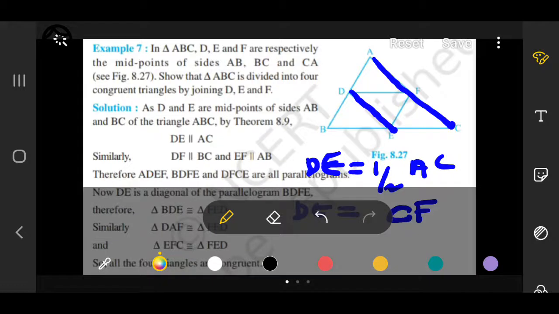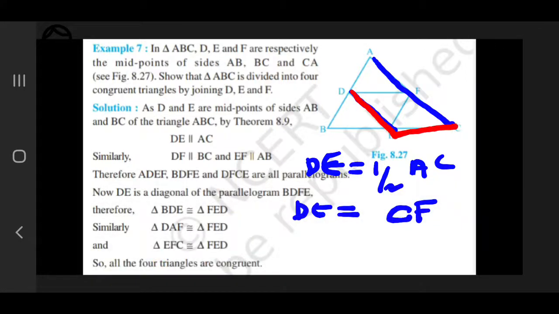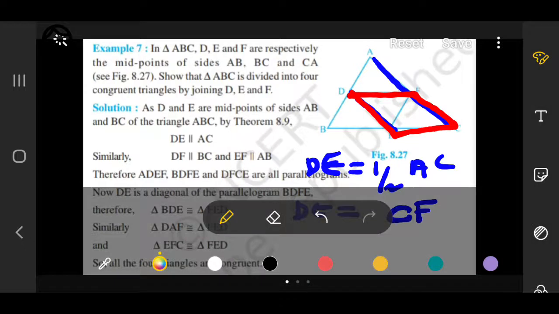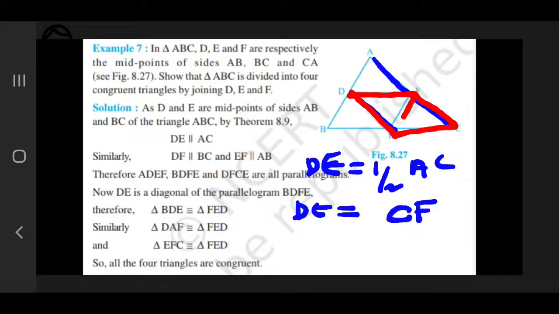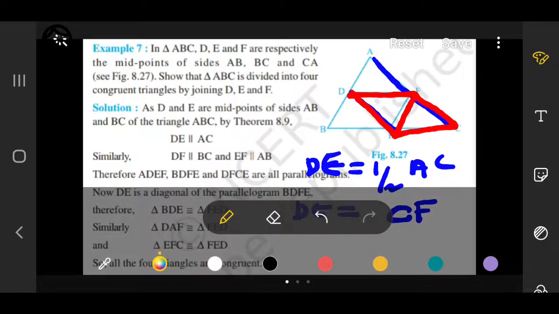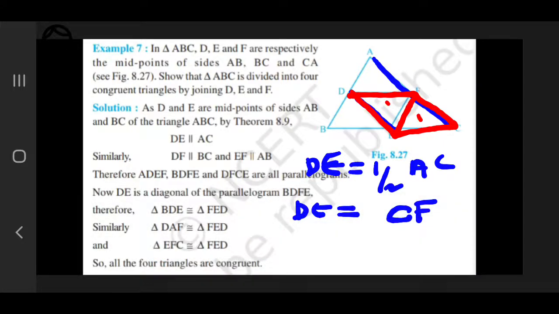So in the quadrilateral DECF, DE is parallel to CF and DE equal to CF. So one pair of sides is parallel and equal, so DECF is a parallelogram and this one is a diagonal. So these two triangles are congruent.